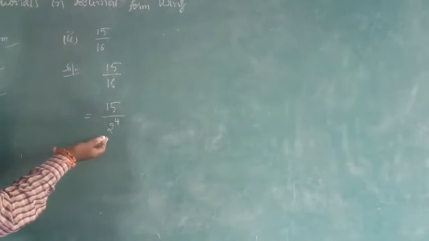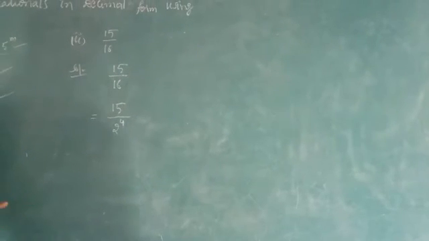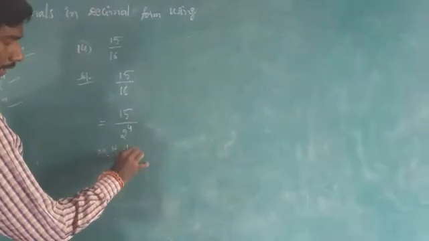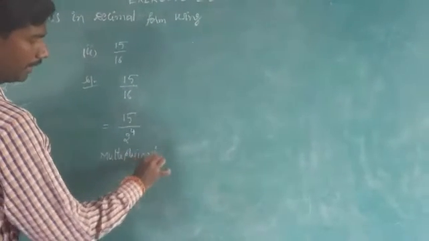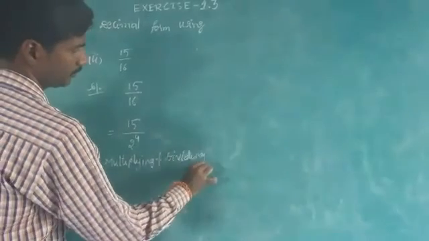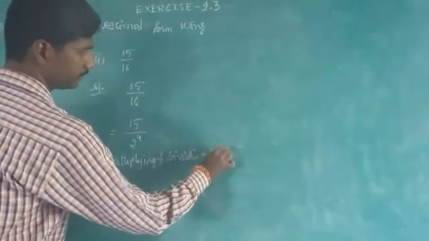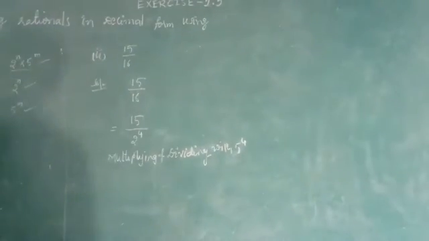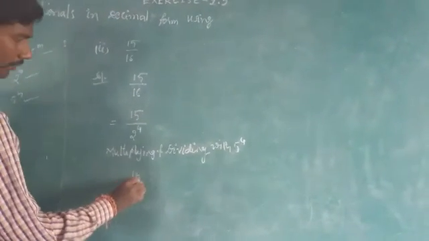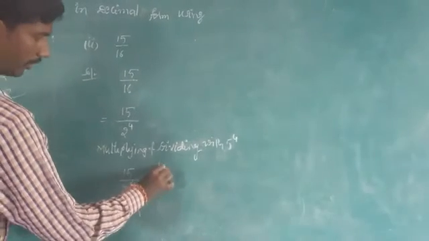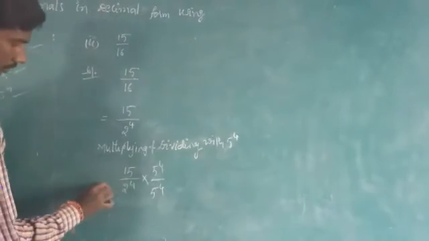So 2 to the power of 4 means I am multiplying and dividing with 5 to the power of 4. Let me write it for your understanding. So here I am writing 15 by 2 to the power of 4 into 5 to the power of 4, by 5 to the power of 4.